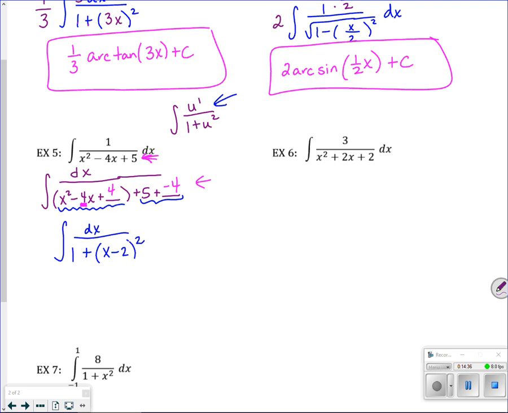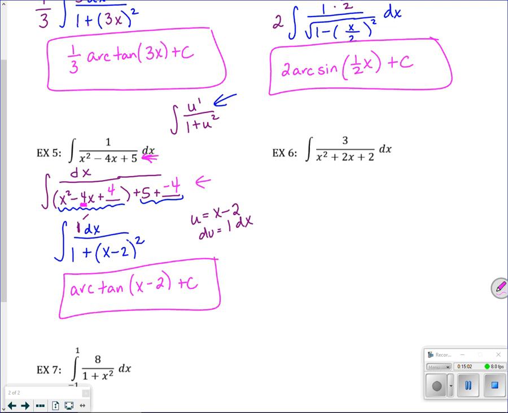Because if my u was x minus 2, what's the derivative of x minus 2? It's just 1. It's 1 dx. So don't you have a 1 up there? So you have u prime over 1 plus u squared. How does that integrate? Arctangent of u. And what's my u? x minus 2 plus c, and there you go.